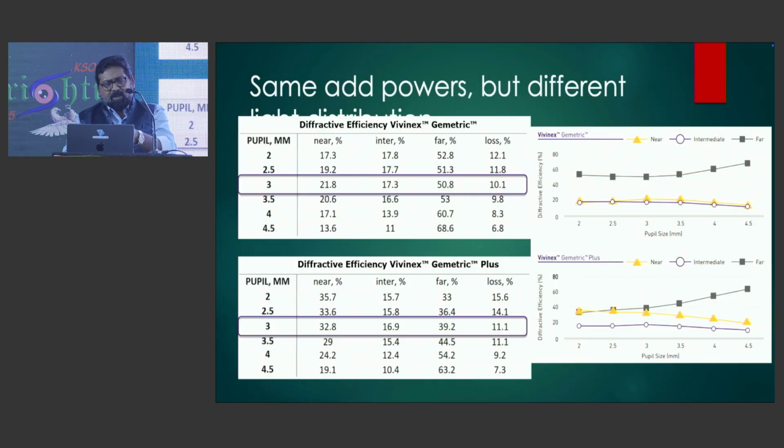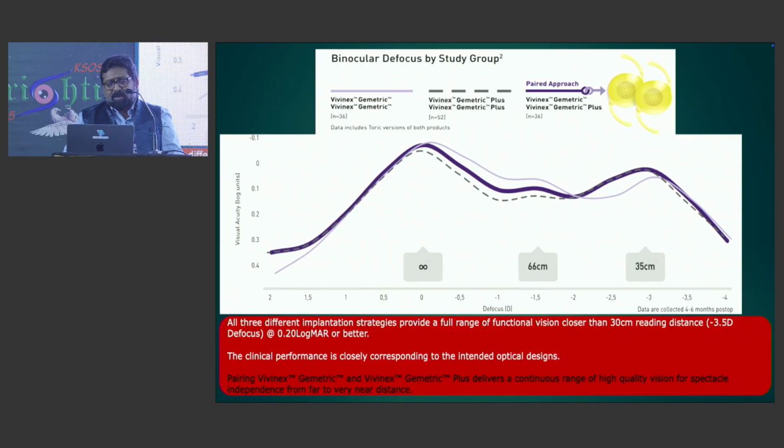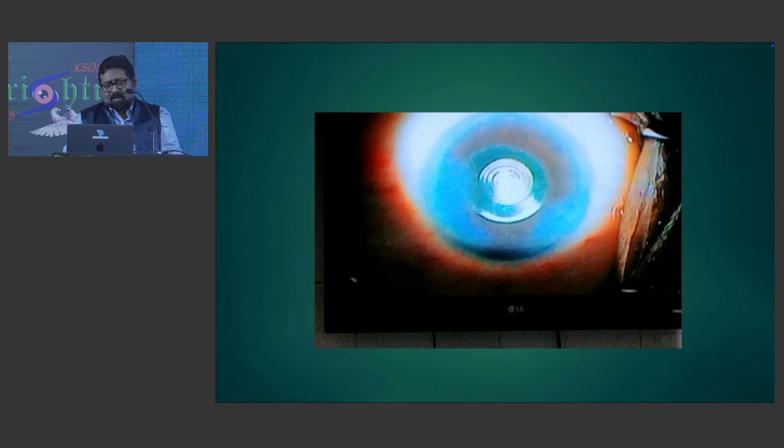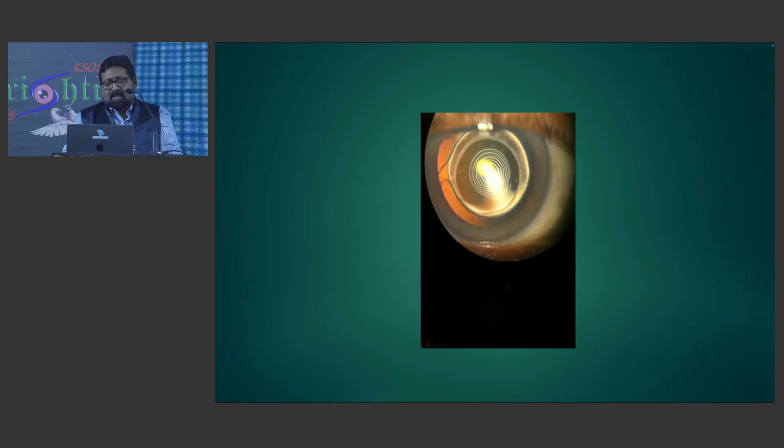Like at a 3 millimeter pupil, 21.8 of near and 50.8 in the geometric, and 32.8 in geometric plus, and 39 point in this thing. So comparatively, it's got a very good defocus curve. The injector system is fantastic. It's a no-touch loading system. This is the lens, and this is how post-operatively it appears.